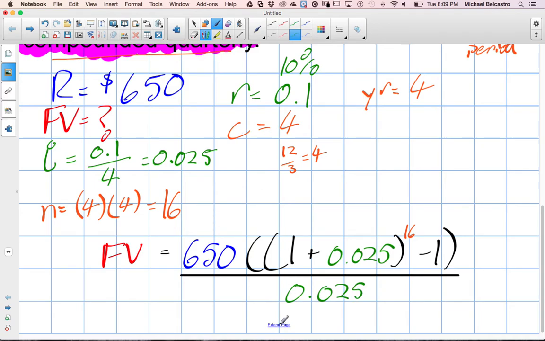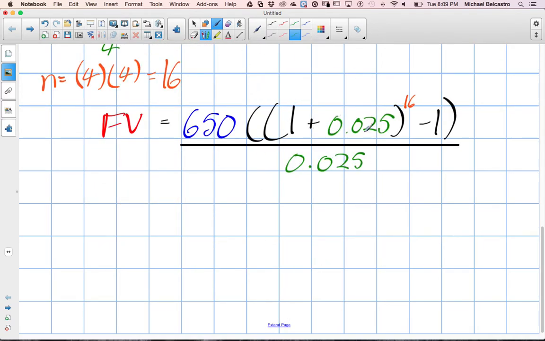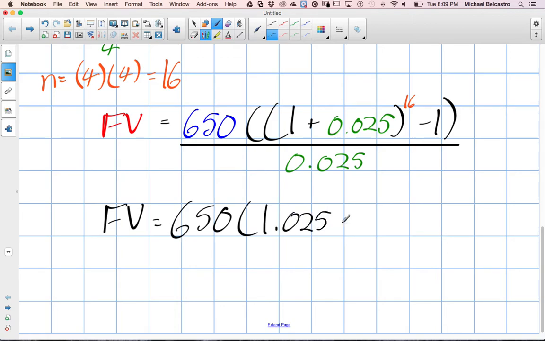For future value, it's really nice. We just have to solve everything on the right side of the equation. So it's going to be 650 times 1.025 to the power of 16 minus 1, divided by 0.025.